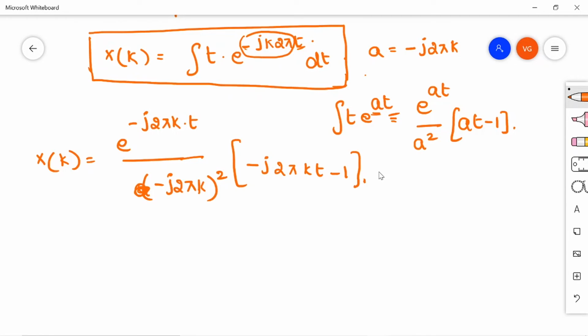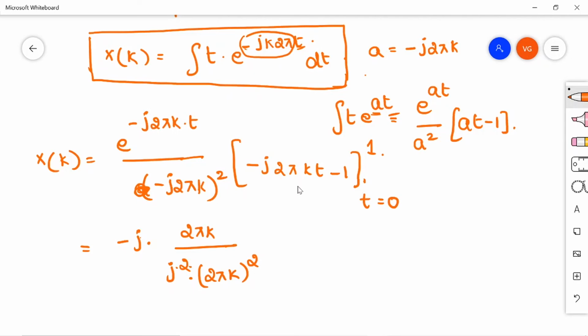And you have the limits here. Your t is extending from 0 to 1, right? So your small t is from 0 to 1. Let us simplify this further. If you put t equal to 0, e power 0 is 1, right? So 1 divided by the whole thing will come. Let us simplify and write. What I am getting is minus j into 2 pi k divided by j square into 2 pi k, whole square. j square is nothing but minus 1.